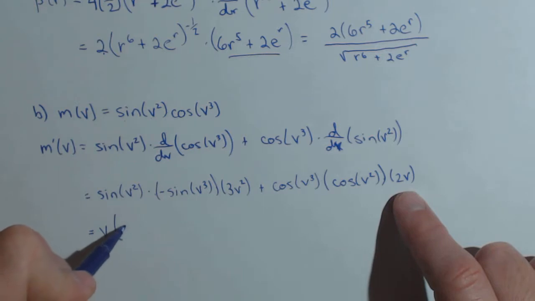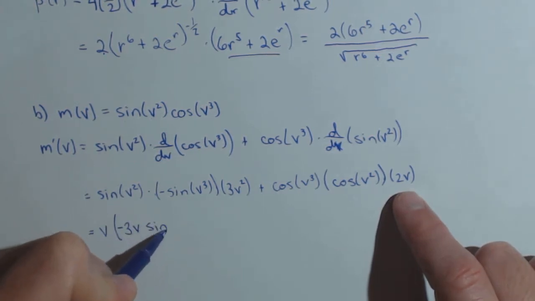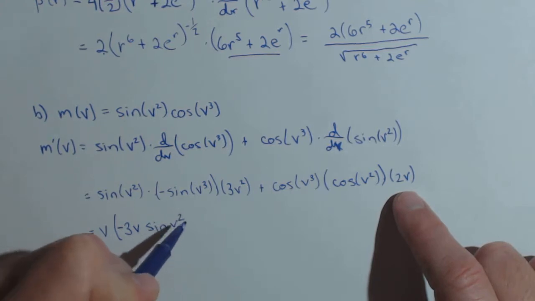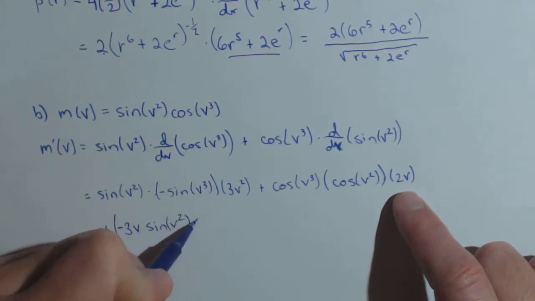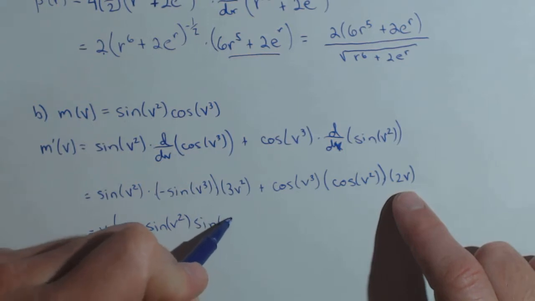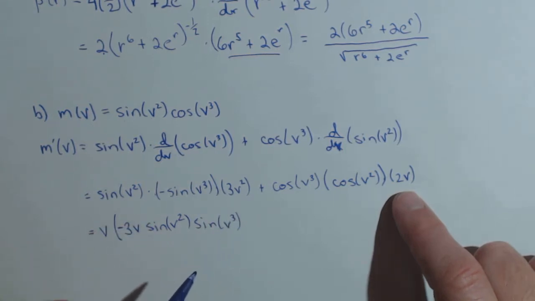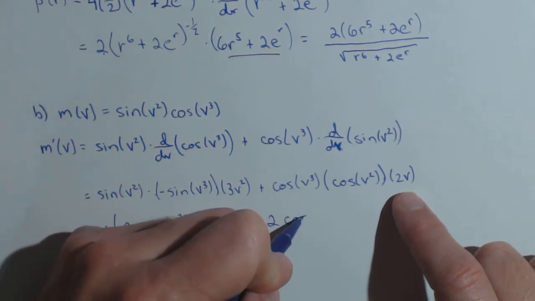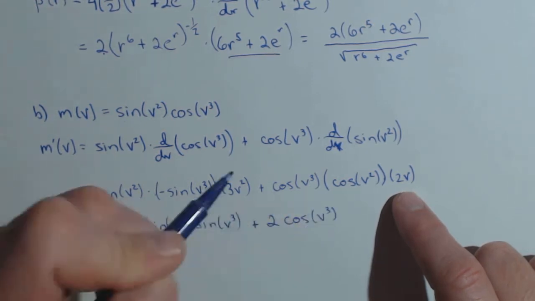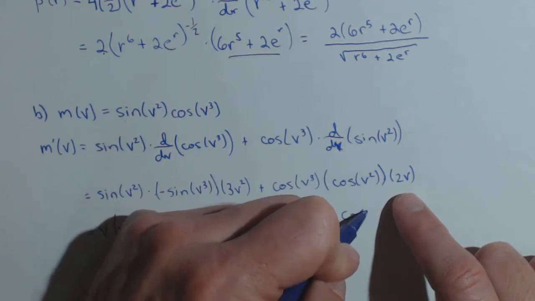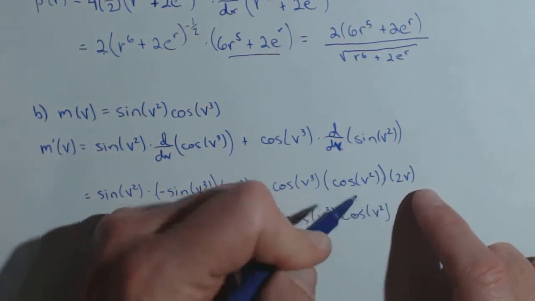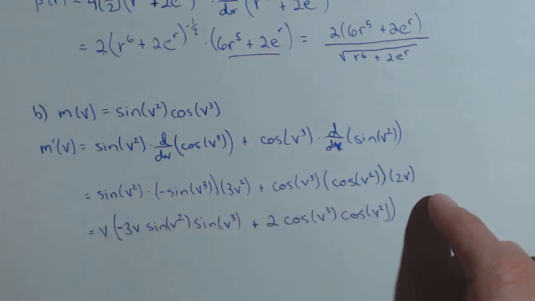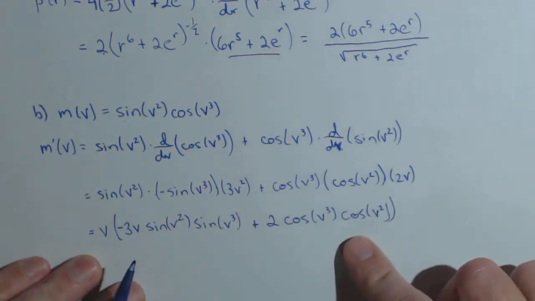So we'll have 3v, and it'll be negative sine of v squared, sine of v cubed, plus 2 cosine of v cubed times cosine of v squared. Not much more we can do to simplify that, unfortunately. So that's about as nice as this one's going to get.